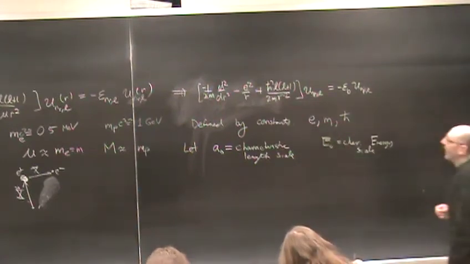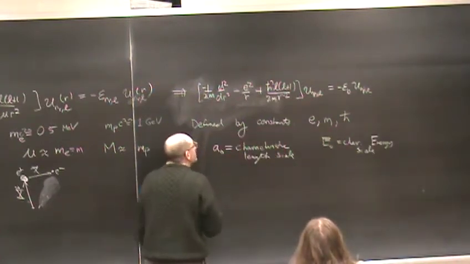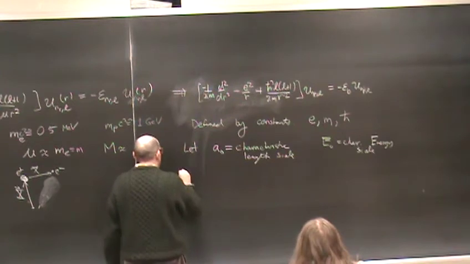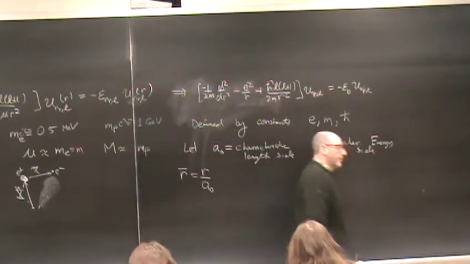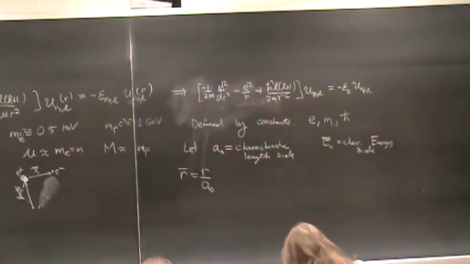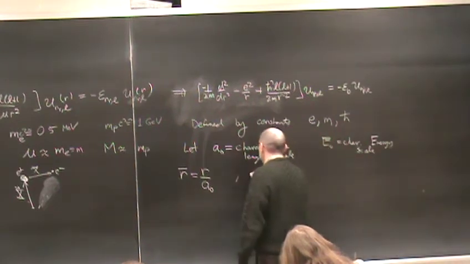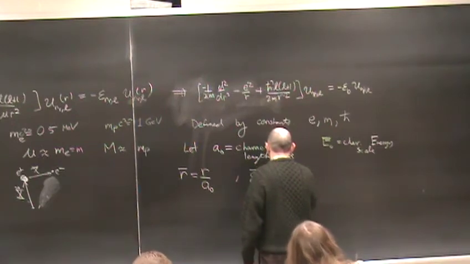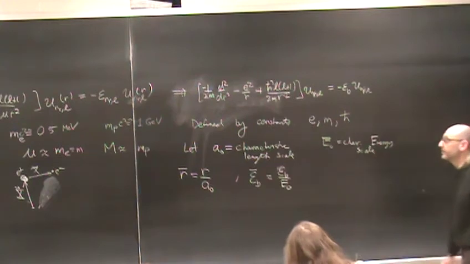And I will define the dimensionless r as whatever the r is in units of A naught, and the dimensionless binding energy as the binding energy over E naught. Okay? So these are dimensionless.